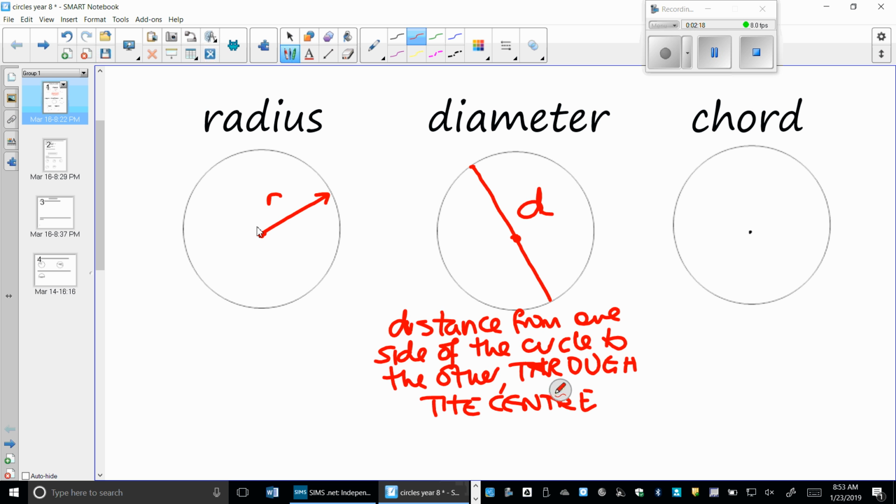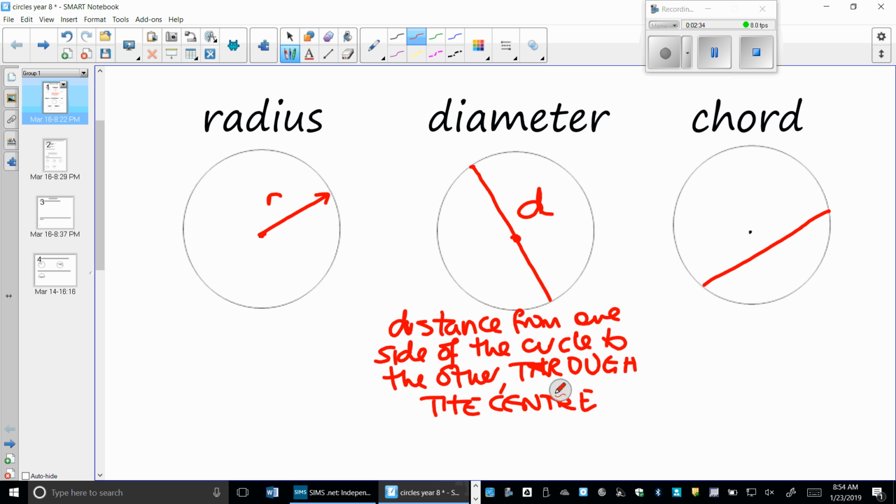Not two lines, no. So a chord is a line that goes from one side of the circle to another, but it doesn't have to go through the centre.